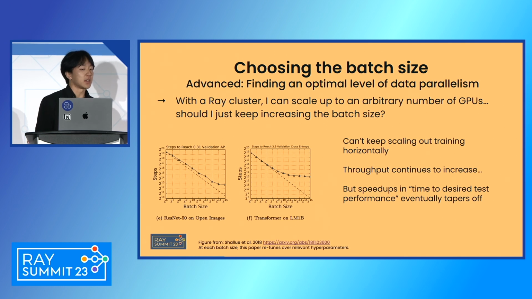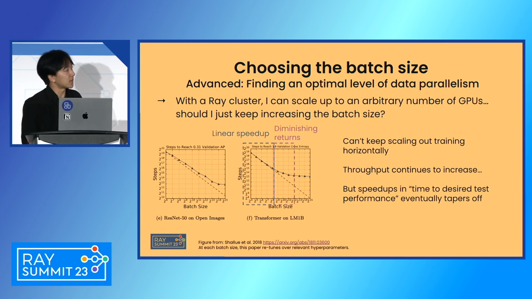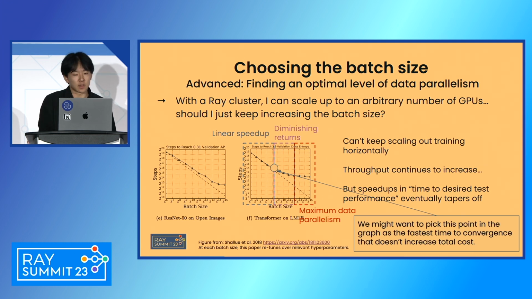This paper from 2018 shows that over a wide variety of data sets, model types, and training algorithms, you'll see this general trend where you first have a linear speedup region, then some diminishing returns where increasing the batch size no longer results in your training time decreasing, and then a period of maximum data parallelism. For practitioners, we might want to pick this point as the fastest time to convergence that doesn't start to increase the total cost of this training.